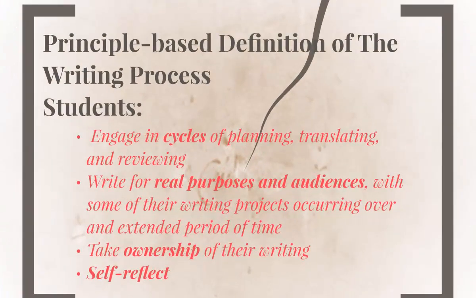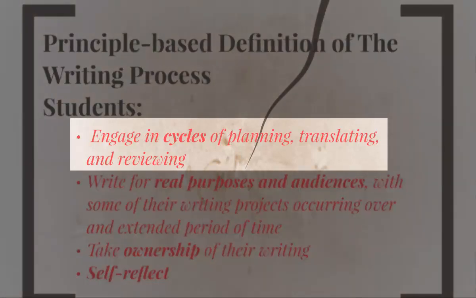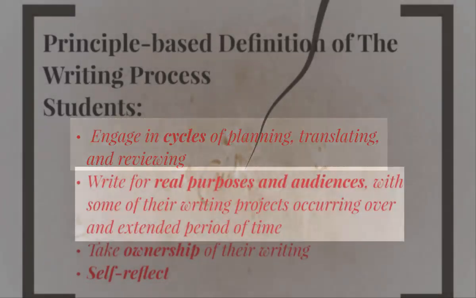The writing process definition, established by Stephen Graham and Karen Sandmel in 2011, is based on commonalities gathered from authorities in the field. This principle-based definition of the writing process states that students engage in cycles of planning, including setting goals, generating ideas, organizing ideas, translating, which is basically putting a writing plan into action, and reviewing, including evaluating, editing, and revising.